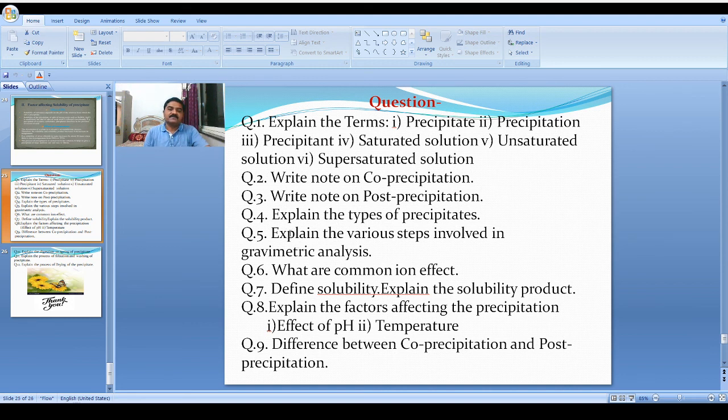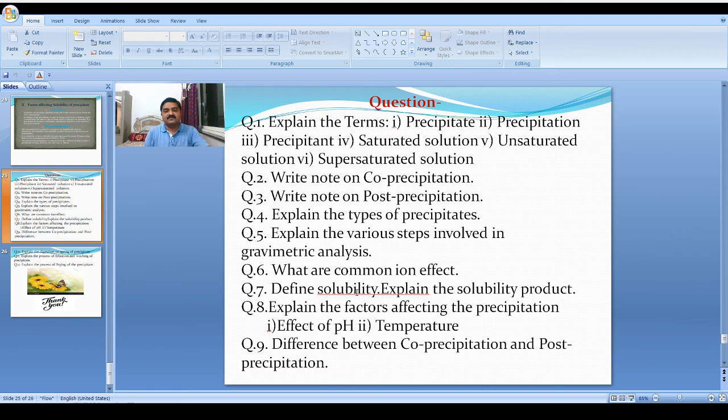And fifth, explain the various steps involved in the gravimetric analysis. Generally this is a long question, but some specific steps are asked in the examination, such as precipitation, digestion of the precipitate, co-precipitation, post-precipitation, how washing and filtration should take place in the gravimetric analysis, and then what is the common ion effect.